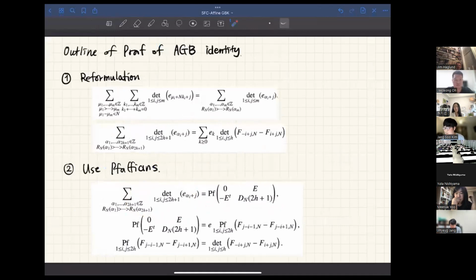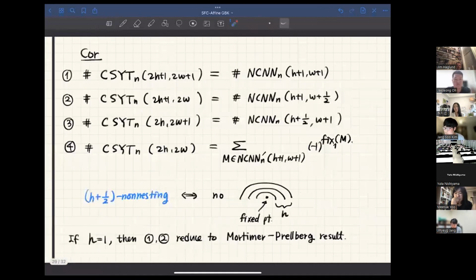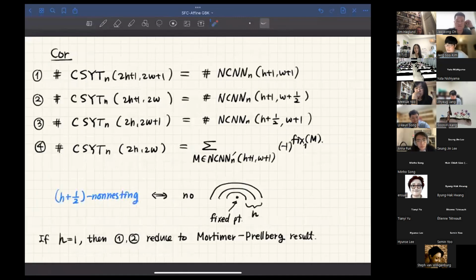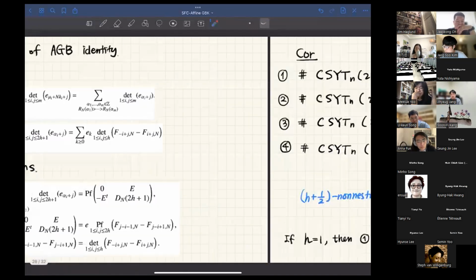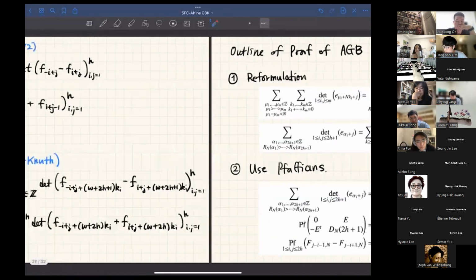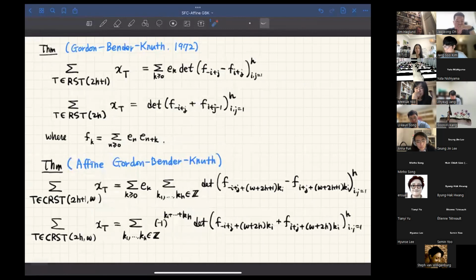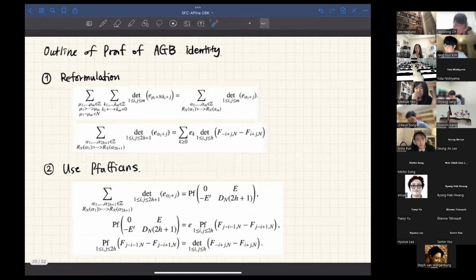But again, it's not combinatorial, so finding a combinatorial proof would be very interesting. Now, let me tell you a little bit about the consequences. In this identity, by extracting coefficients of x1 up to xn, we can get the number of standard Young tableaux with the cylindric condition.